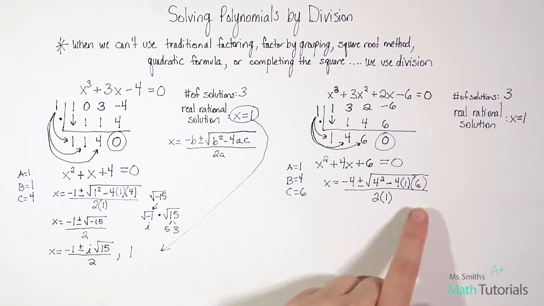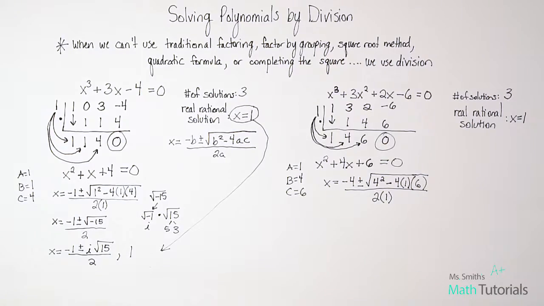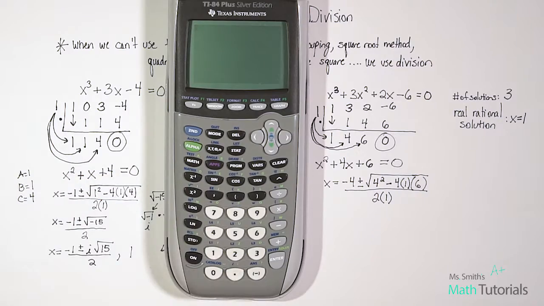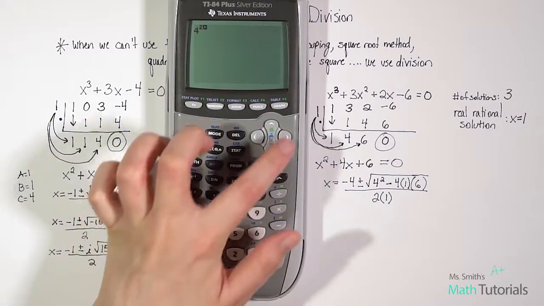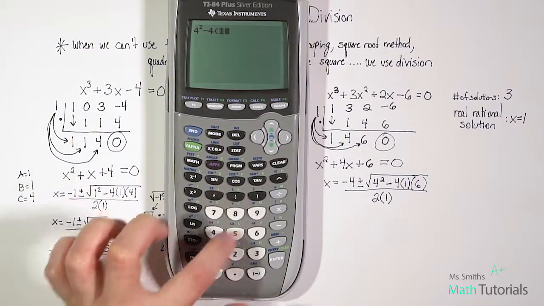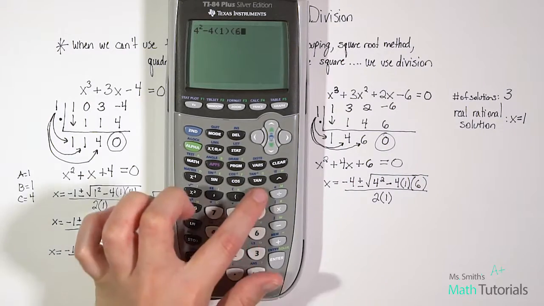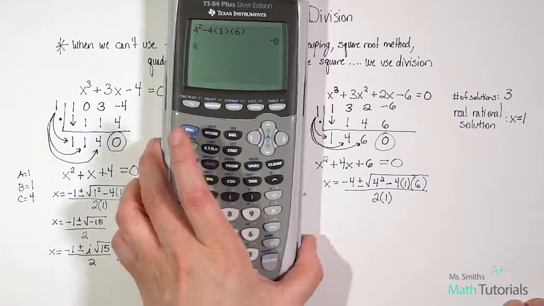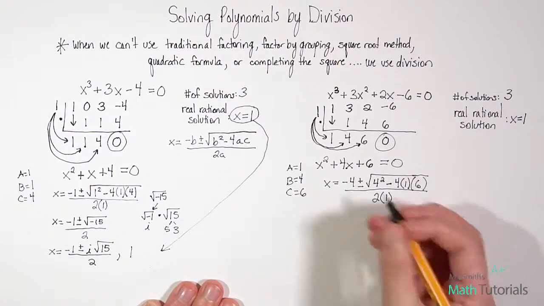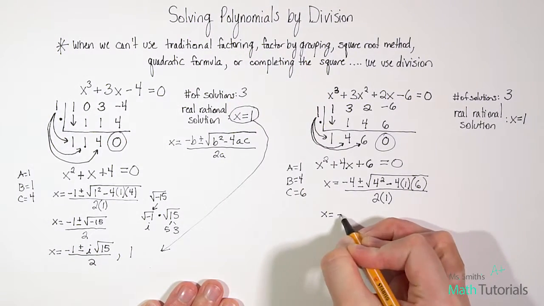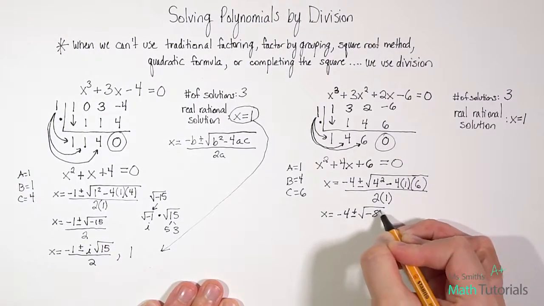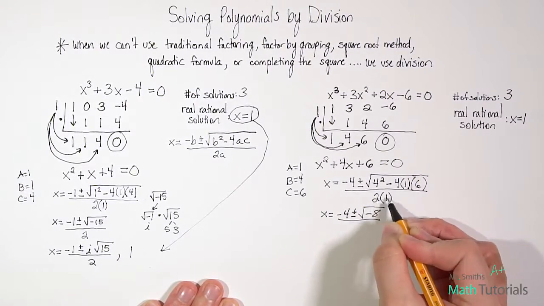Remember, we always start by just simplifying what we have underneath the square root. So that would be 4 squared minus 4 times 1 times 6. And we get a -8. So we do x equals -4 plus or minus square root of -8 all over, and 2 times 1 is just a 2.